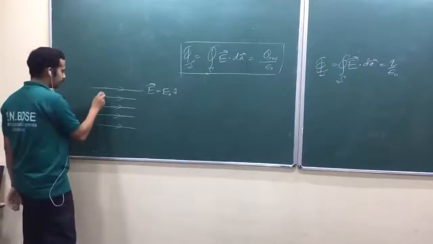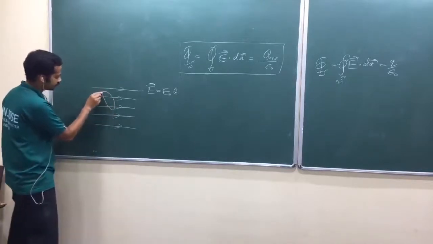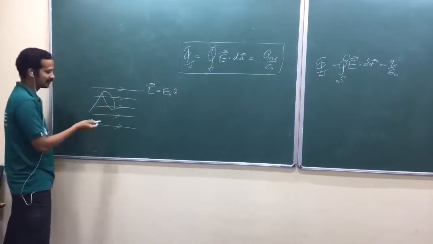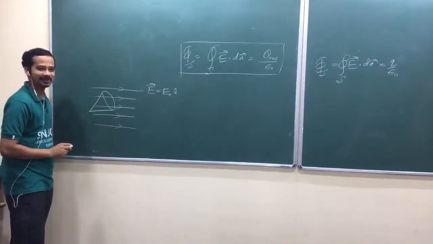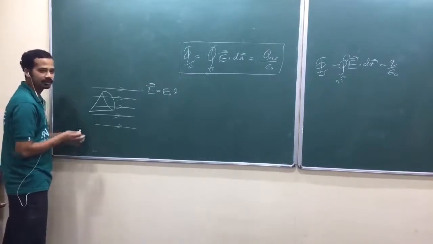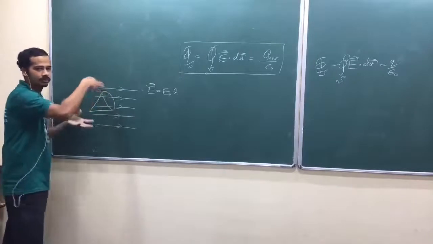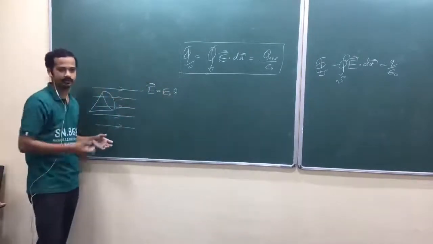Now let me take a closed conical surface. Cone, closed cone. Whenever I say conical surface, you may see, this is also your ice cream cone, but you are just closing that open surface.